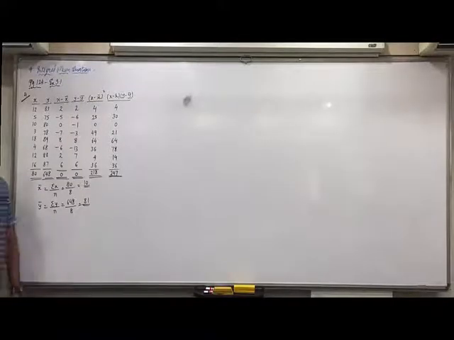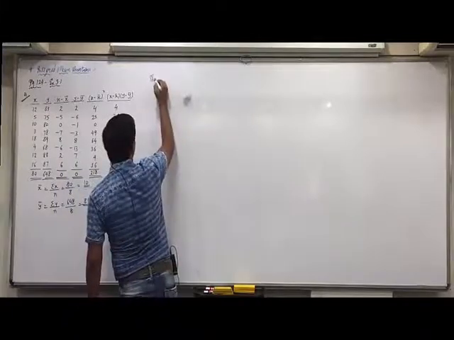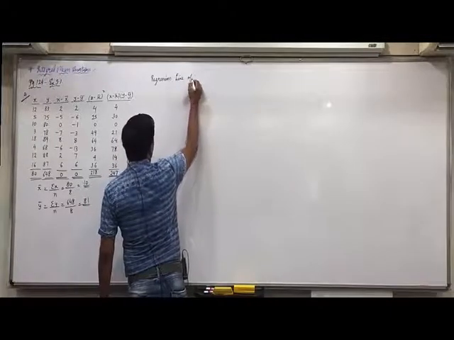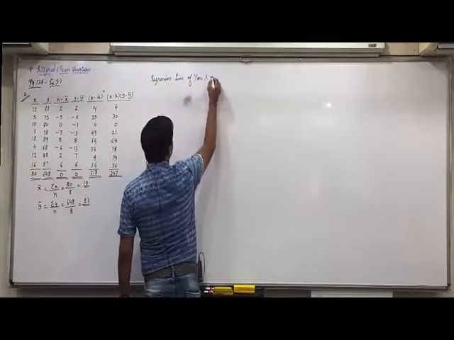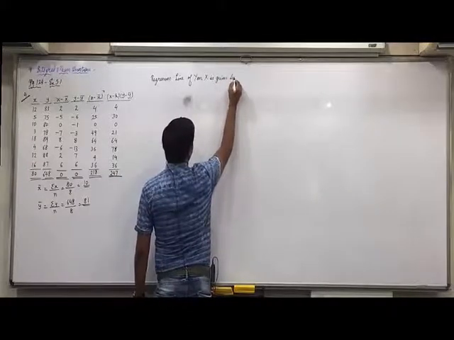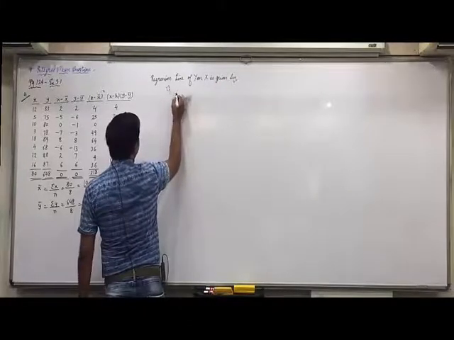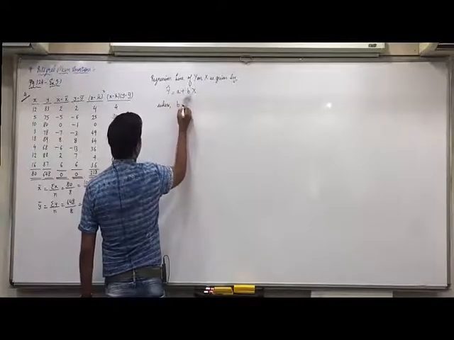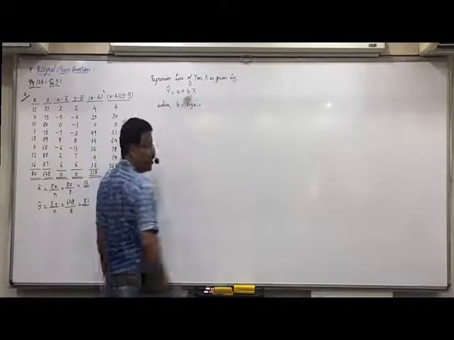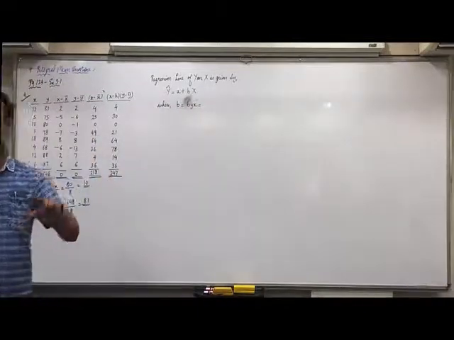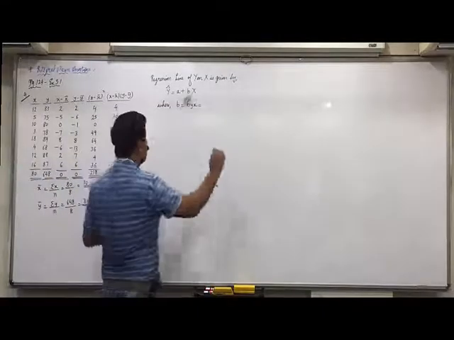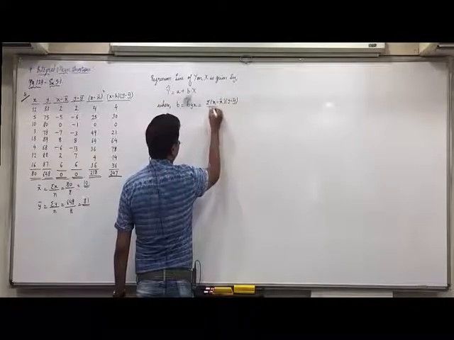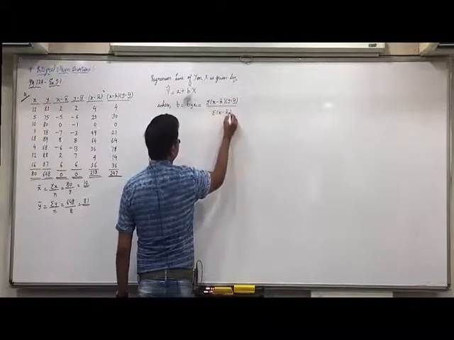Now the pattern of solving remains the same. So the regression line of y on x is given by y cap equals a plus bx, where b equals byx. Now in byx we are going to apply which formula? The sixth formula: sigma (x minus x bar)(y minus y bar) upon sigma (x minus x bar) whole square.